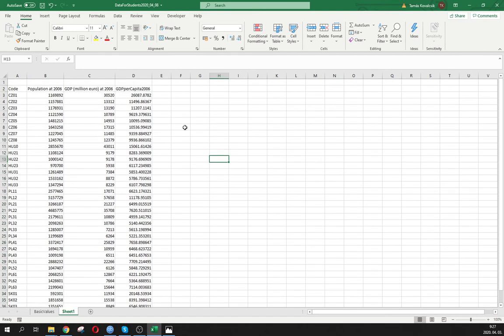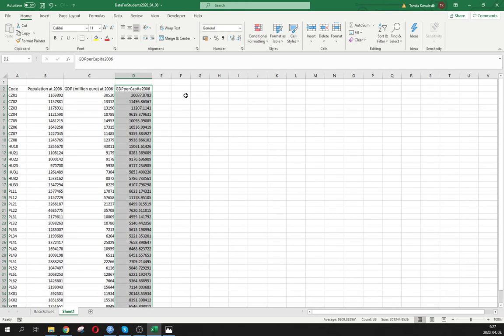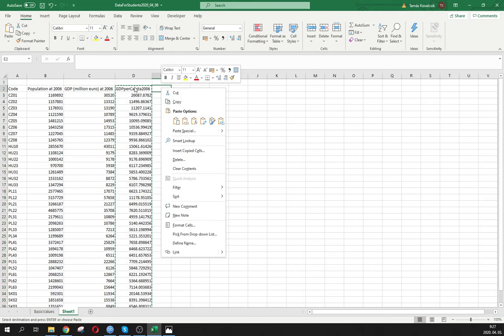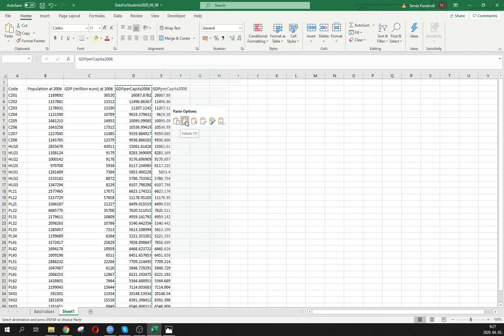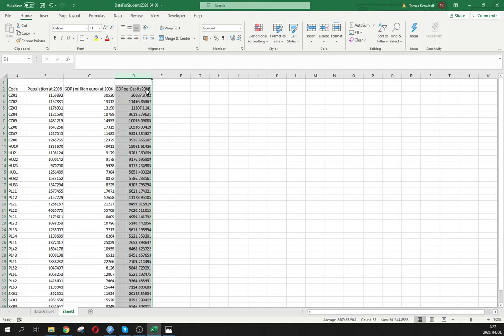No, sorry, we have to copy just the GDP per capita numbers and paste them on the right-hand side, just the values, because this is just the formula form and this is the value form, and delete the formula form column, keeping just the value form.